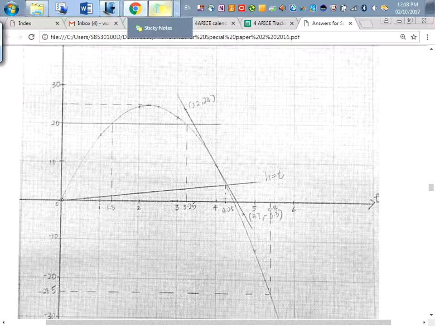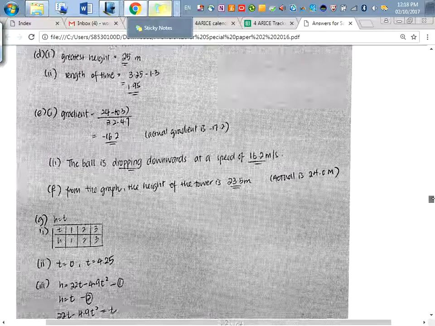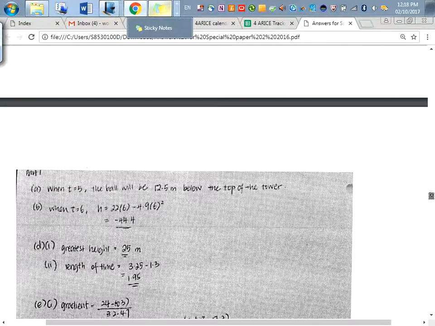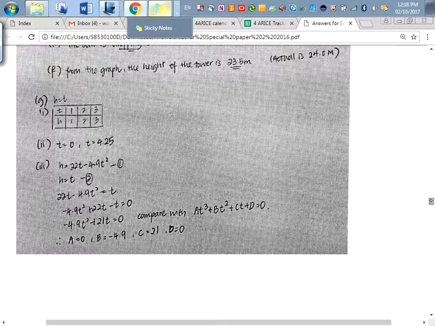So the height of the tower will be from 0 all the way to negative 23.5. The height is 23.5 meters. Okay, then the rest are all discussed before already. Okay, these are the final answers.